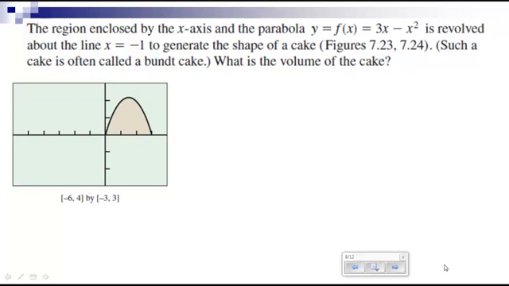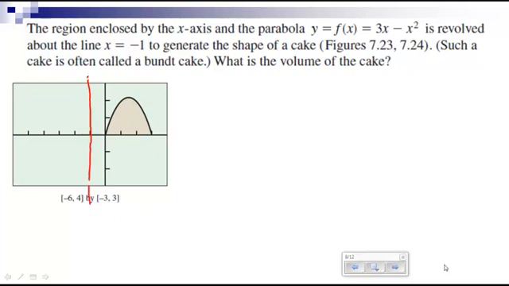But here's the idea. We've got this region that's stuck below this parabola, the 3x minus x squared parabola, and the x-axis. And we're going to revolve it around an axis, and the axis is going to be the line x equals -1.